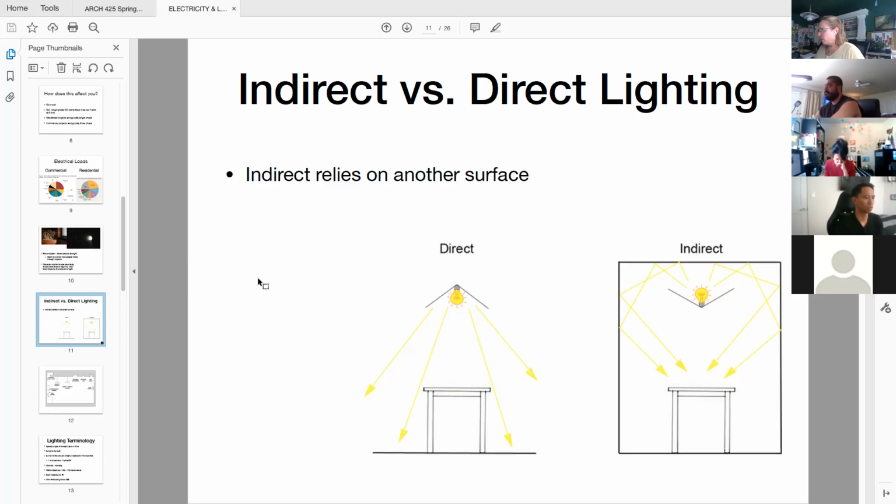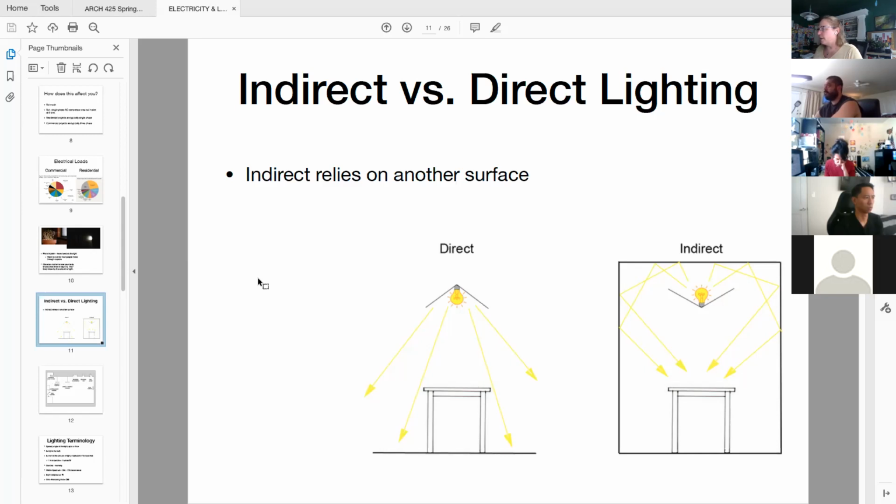Indirect fixtures rely on another surface for their lighting effect, and that other surface can be thought of as an extension of that fixture.